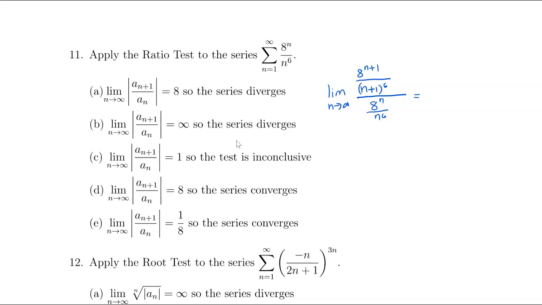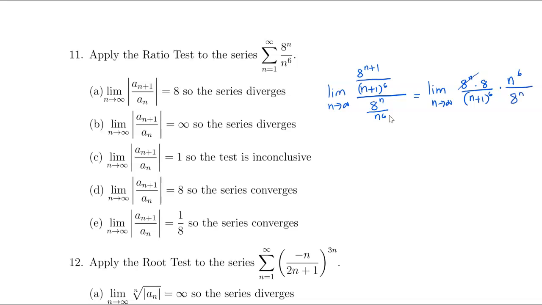Then you simplify this using laws of exponents. The numerator, this is equal to 8 to the n times 8. And then the denominator, that is just (n plus 1) to the 6. No need to expand it. Times, then get the reciprocal of the denominator. So that is n to the 6th all over 8 to the n.